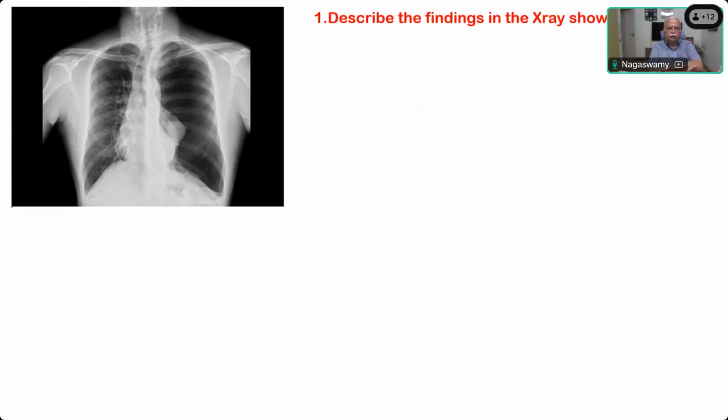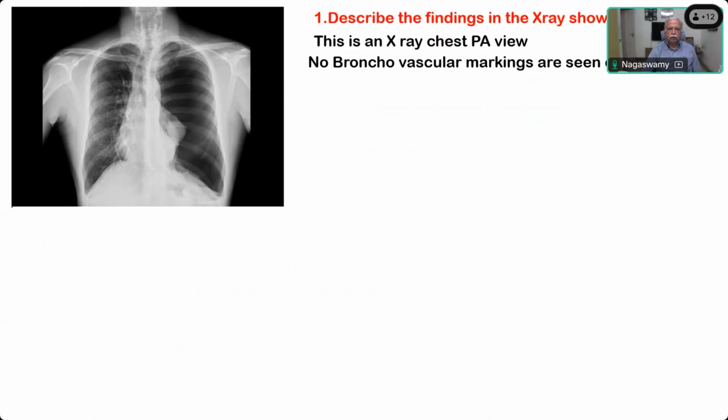Describe the findings in the X-ray shown. Sir, left-sided pneumothorax with passive lung collapse. So this is an X-ray chest PA view. Always the description must first start with whether it is an X-ray chest AP view or PA view. No bronchovascular markings are seen on the left side.